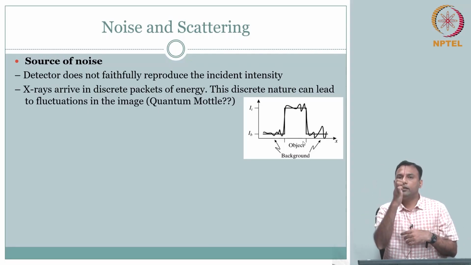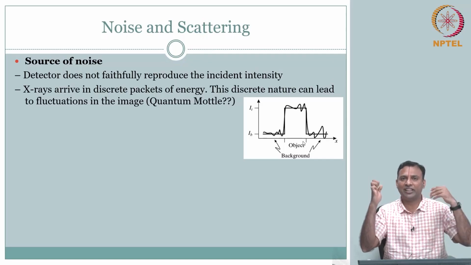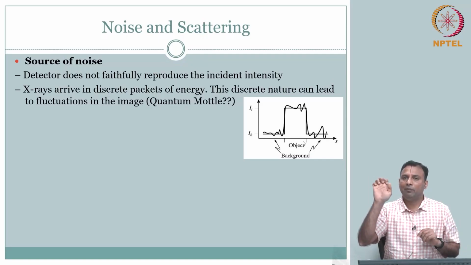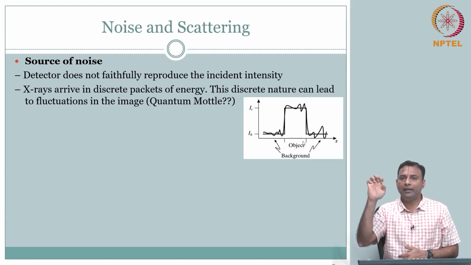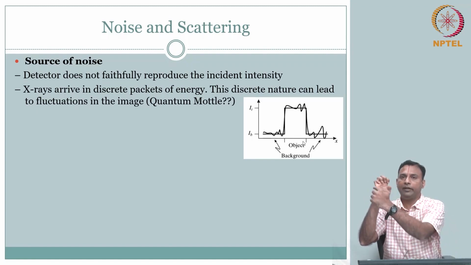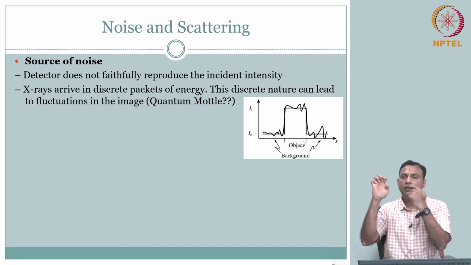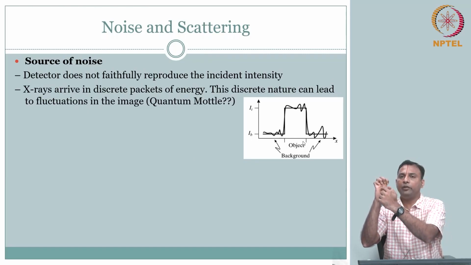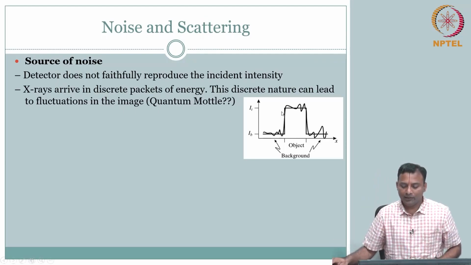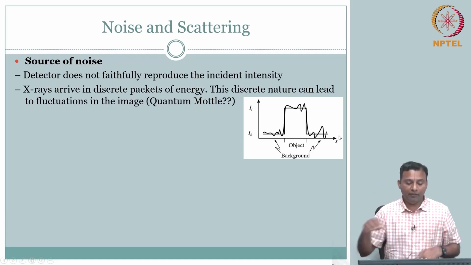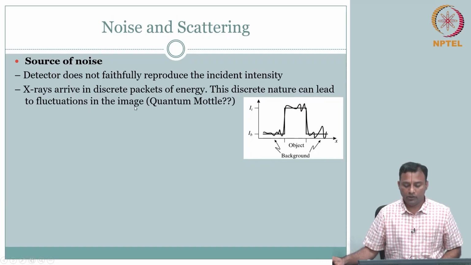I am keeping this object on the detector to avoid magnification and all that. So my shadow is going to be like this. This is the region on the detector that is going to be hit. If I take a profile, one line of this: no value, no value, no value, high value, high value, no value, low value, low value. Ideally this solid line is what you would have had, but given the randomness, what is picked up is going to have fluctuation.